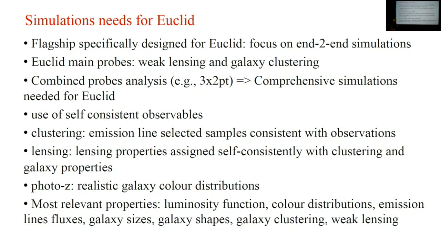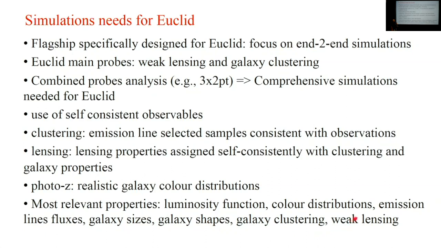So what we need is a good luminosity function and number counts, so we need to have the proper densities. If we want to do anything with photo-zs, we need good color distributions. If we select the samples for galaxy clustering with emission lines, we have to define the emission line fluxes pretty well. And for lensing, we need sizes and shapes.